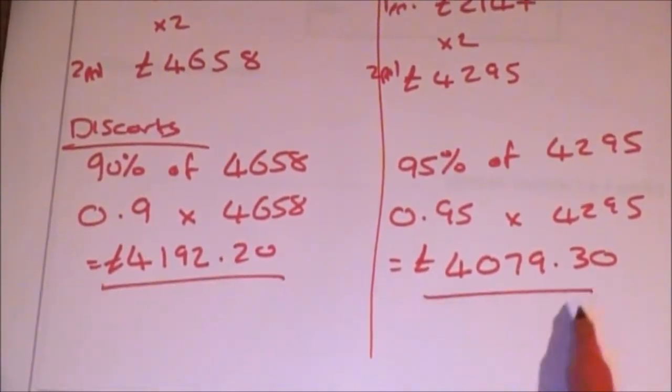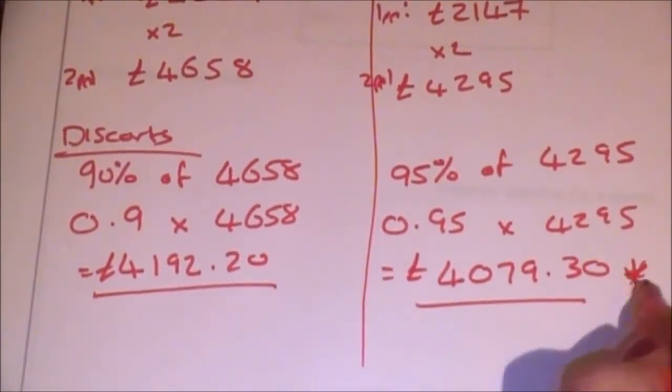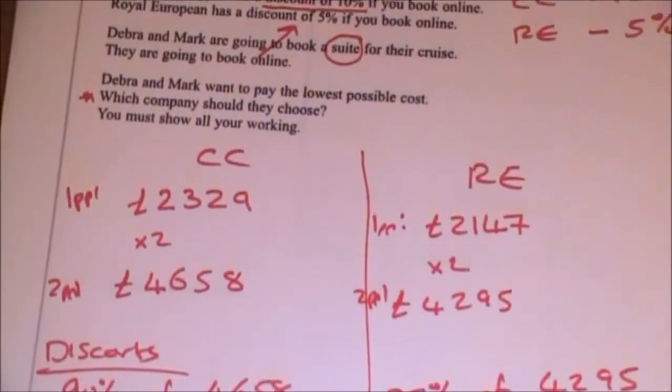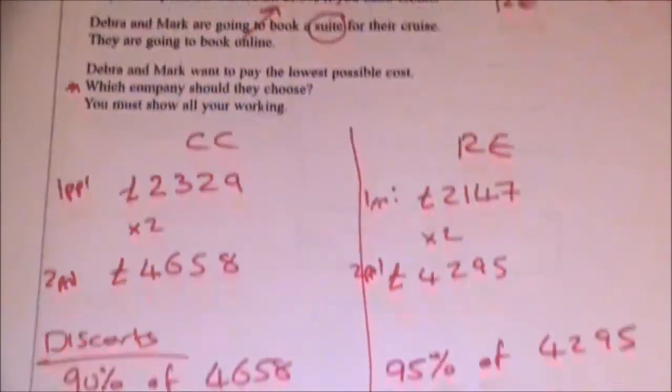Final price. Well, which is cheaper? I can see that Royal European is the cheapest. So I'm going to make sure I answer the question now. The question said, which company should they choose?